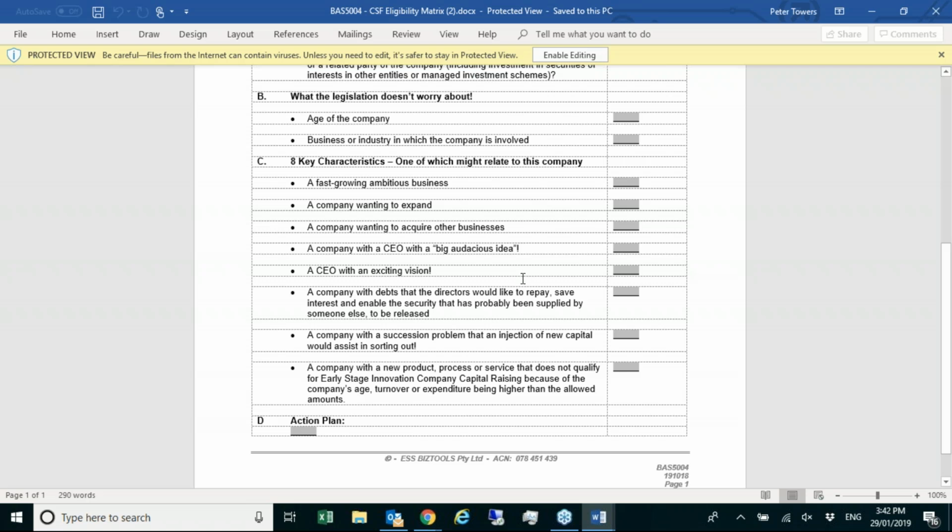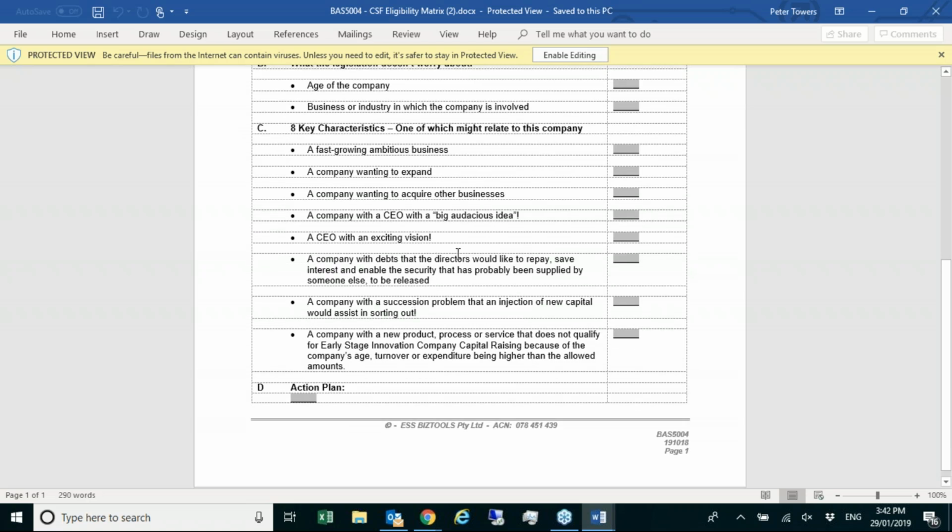Or if they've got a big audacious idea. Now, obviously, that idea has got to be able to be documented, and it's got to be realistic to attract investors. As the CEO, you've got an exciting vision. I don't think anyone's going to raise capital unless they exhibit some excitement, some flair, some real keenness to do something different in their businesses.